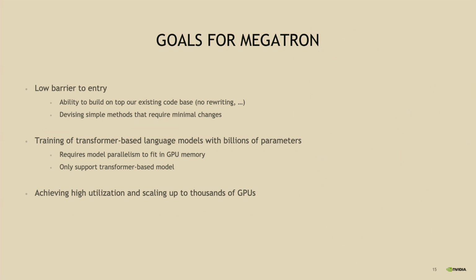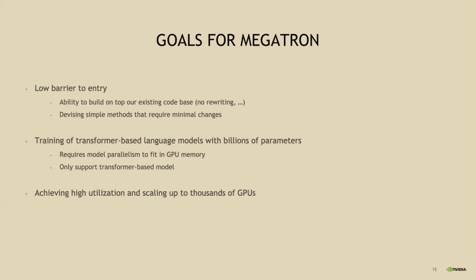When we were designing Megatron, we had certain goals in mind. We wanted a low barrier to entry and the ability to build on top of our existing code base. We had both BERT and GPT code bases, well tested, and we only needed to scale them up. As a result, we aimed to design simple methods that require minimal changes to the existing code base and do not require rewriting code.